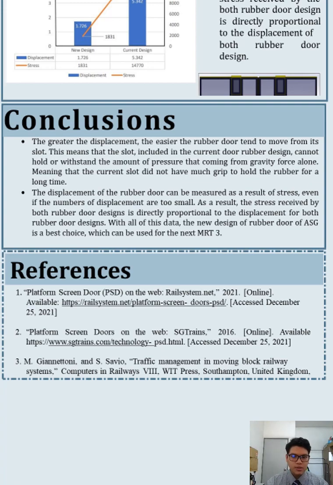The displacement of the rubber door can be measured as a result of stress, even if the displacement numbers are very small. With all of this data, the new design of rubber door of ASG is the best choice, which can be used for the next MRT3 project rather than the current rubber door design of APG.